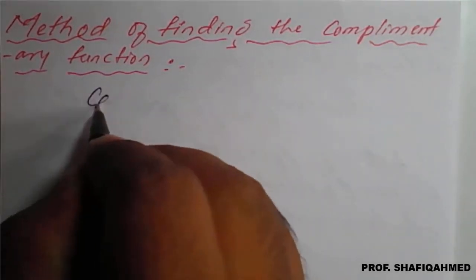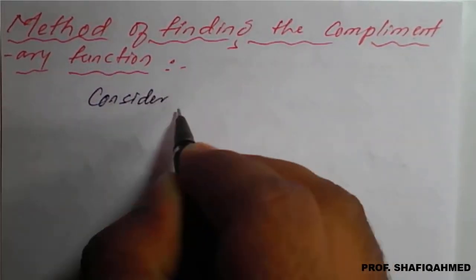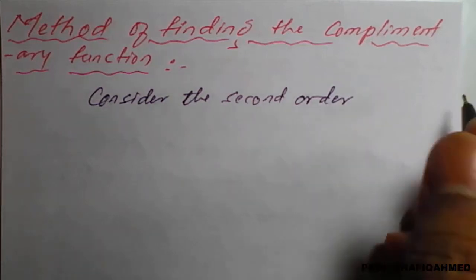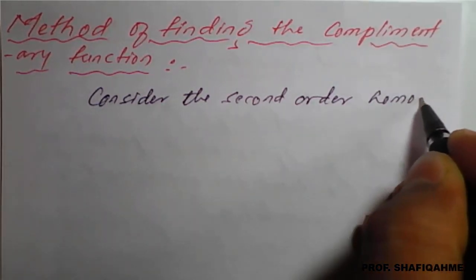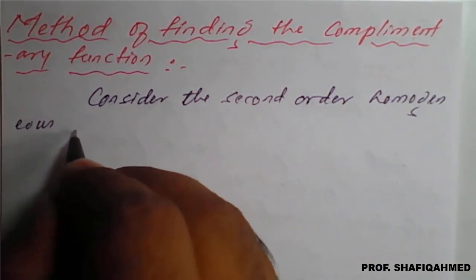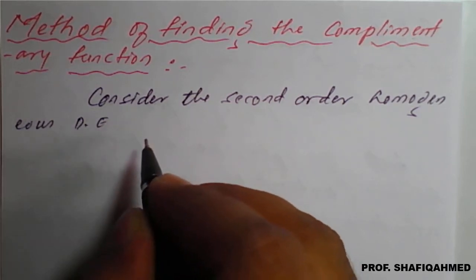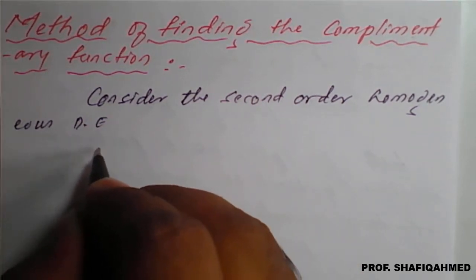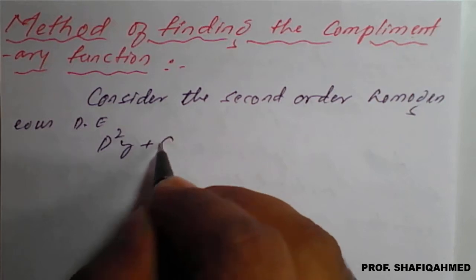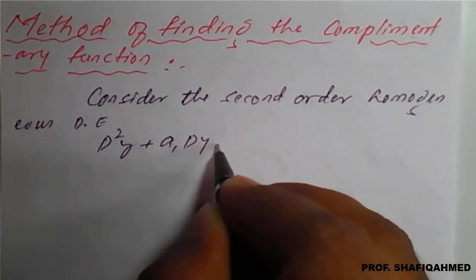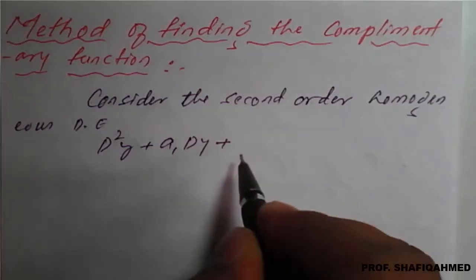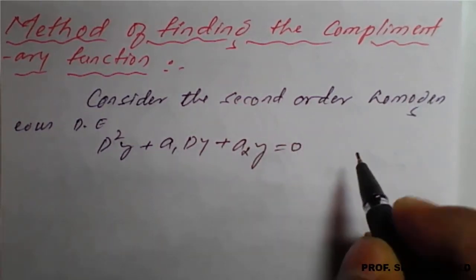So consider the second order homogeneous differential equation, that is, I'll take directly as D squared y plus a1 into dy plus a2 into y equal to 0.